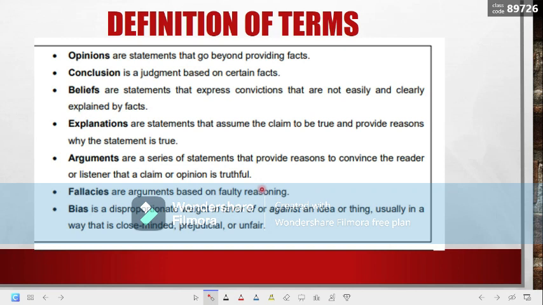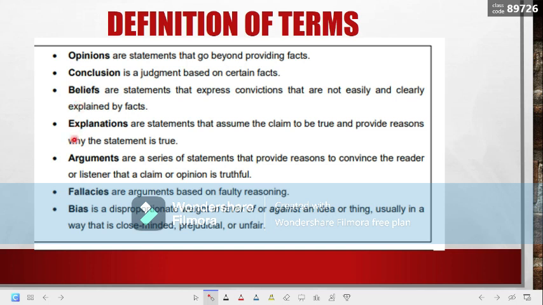Okay. Let's have the definition of terms. Opinions. These are statements that go beyond providing facts. Conclusion is a judgment based on certain facts. Beliefs are statements that express convictions that are not easily and clearly explained by facts.